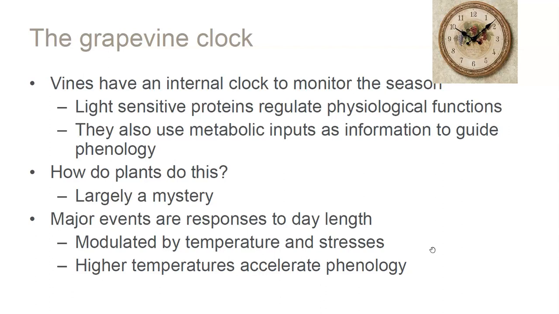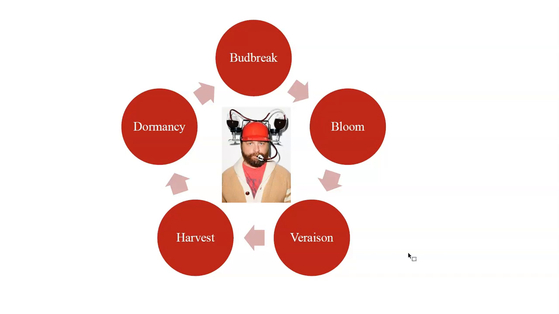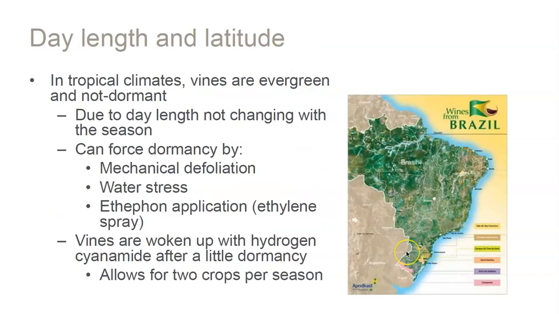In the cool years, veraison's going to be pushed out, harvest will be pushed out. Simple, okay? Because day length doesn't really change year to year, right? That's always going to be the same cyclical thing. What's going to alter phenology is things like temperature, and also other kinds of stresses like water stress.